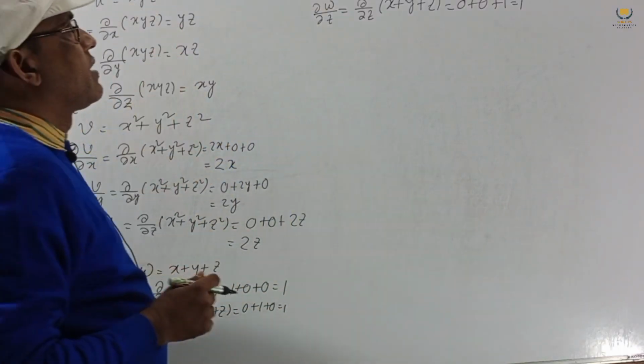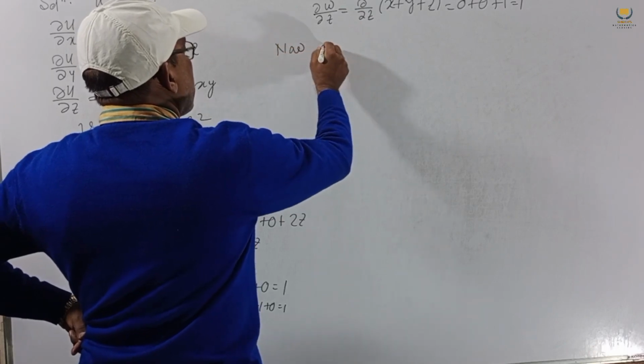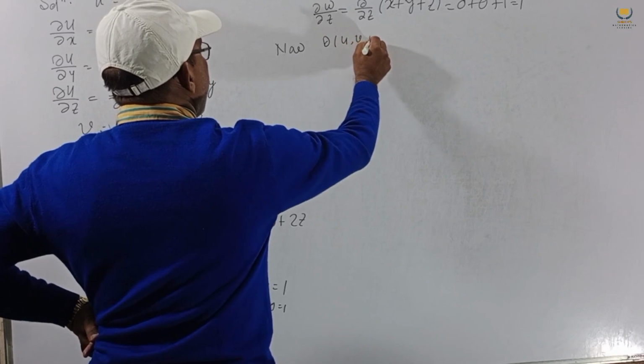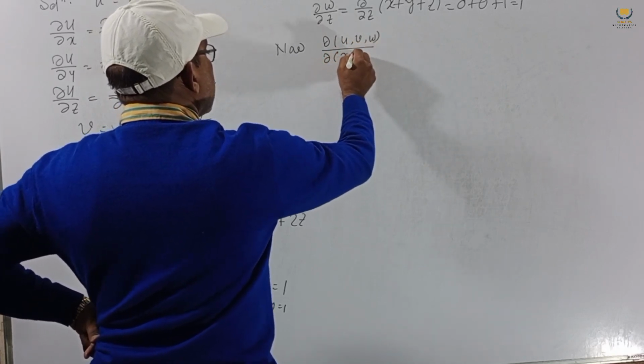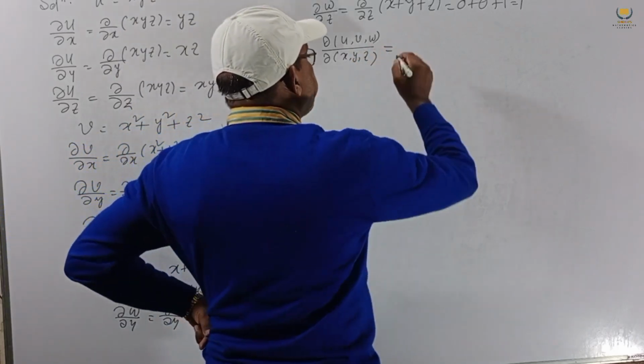Now our requirement is this. First we find the reverse of this, del u, v, w by del x, y, z. This one.